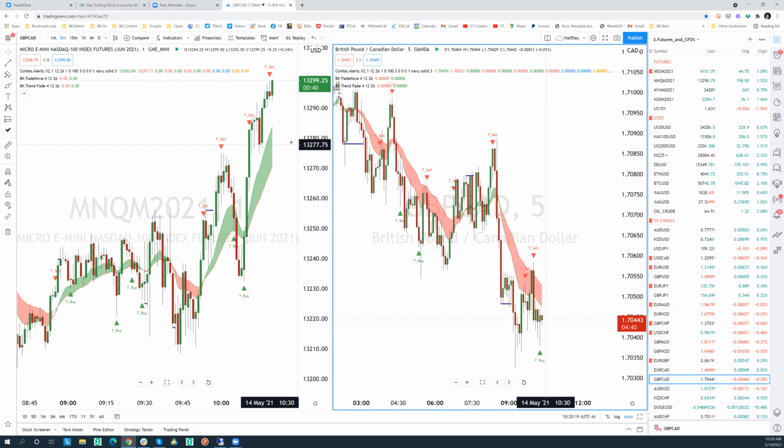But I'm just again showing you the futility of trying to pick tops on these moves. But I do think we're close to a minor profit taking zone here, especially because we got the round numbers.